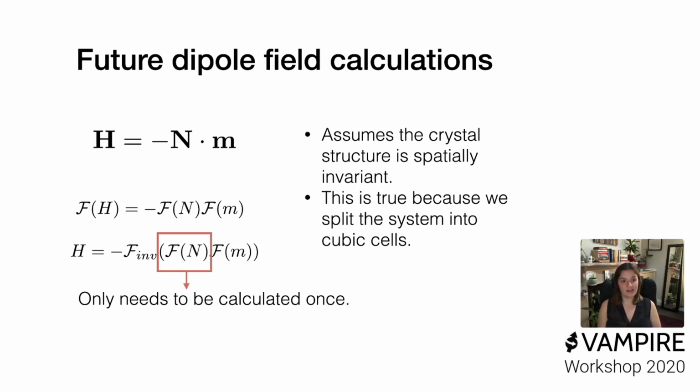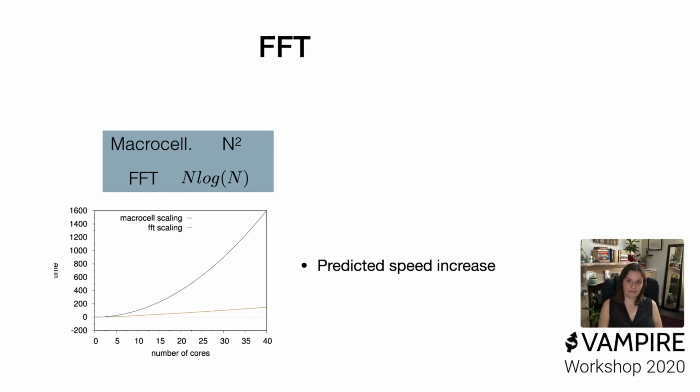So instead of doing h equals n dot m, we instead calculate the Fourier transform of h, which is the Fourier transform of n times the Fourier transform of m. And then we invert this. The Fourier transform of n only needs to be calculated once, because this is always the same, and then that just needs to be multiplied by the magnetization at every time step.